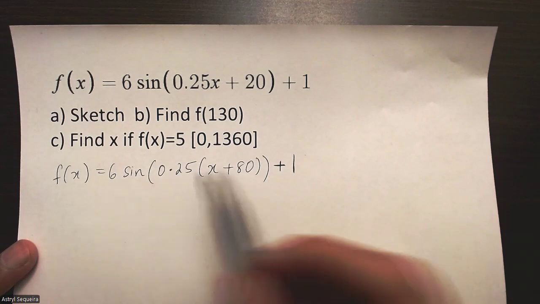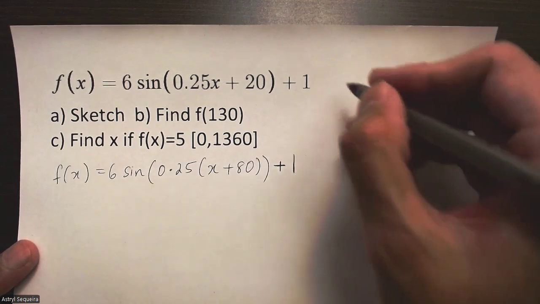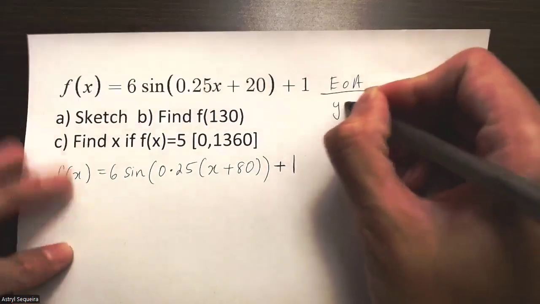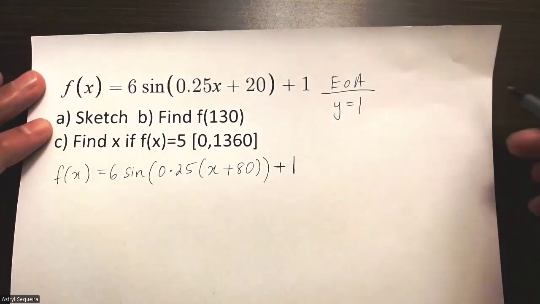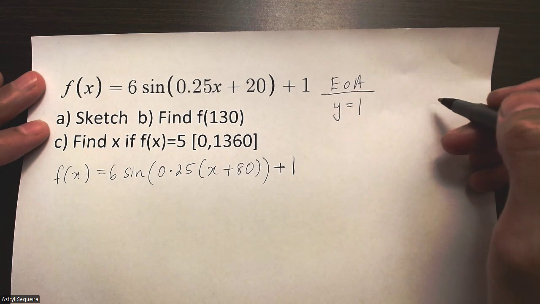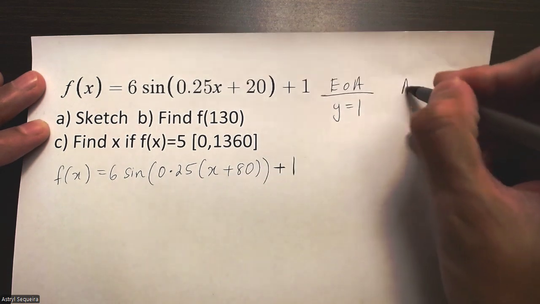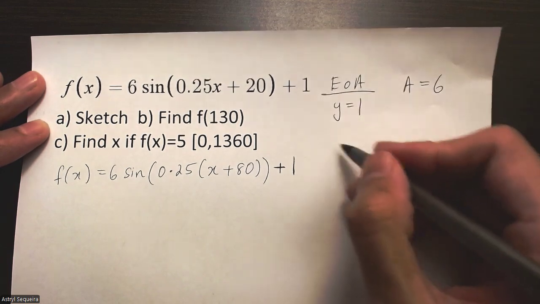So looking at this equation here, I know that my equation of axis is just y equals 1. My amplitude is 6.